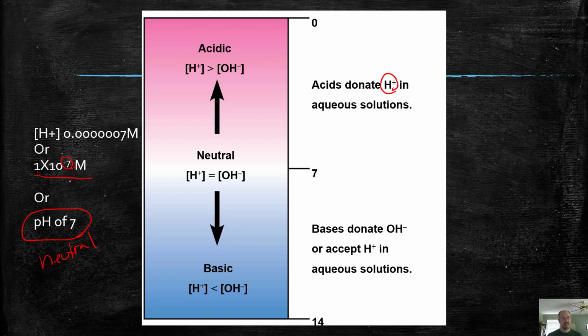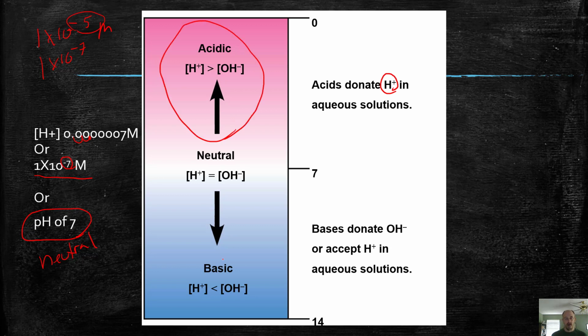And I should say, technically, the pH goes down. So 1 times 10 to the negative fifth molar hydrogen ion concentration is higher than 1 times 10 to the negative seventh, right? Because these are negative exponents. So hopefully you know how exponents work. 1 times 10 to the negative fifth would be moving this decimal point over to the right. So if we add hydrogen ions, we become more acidic.